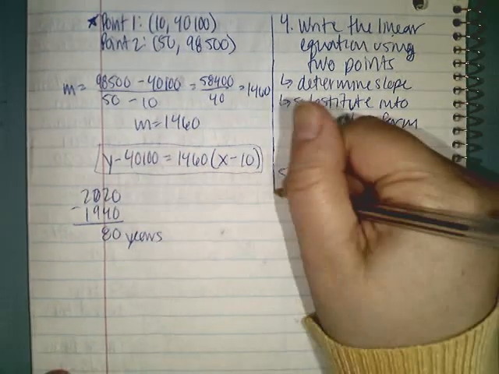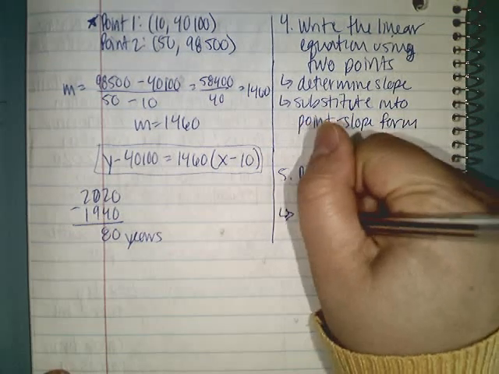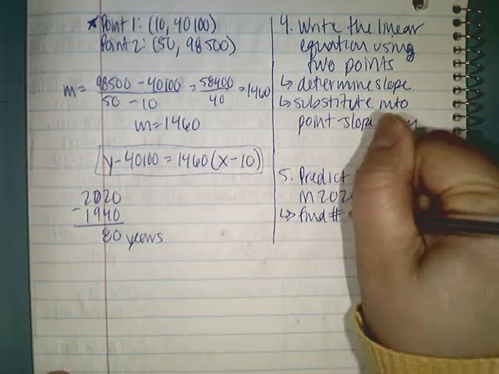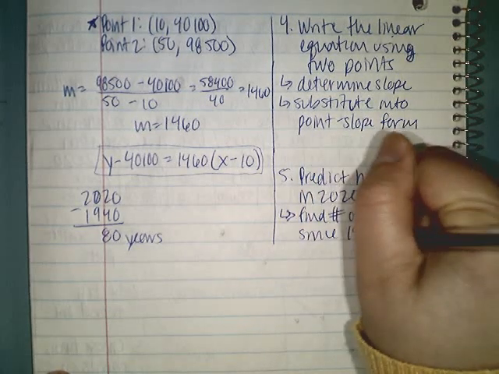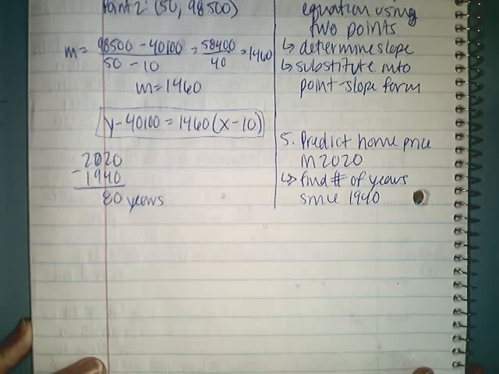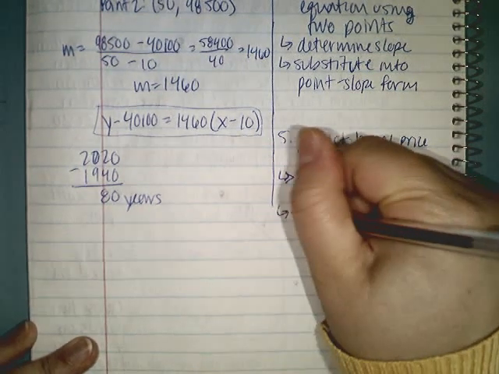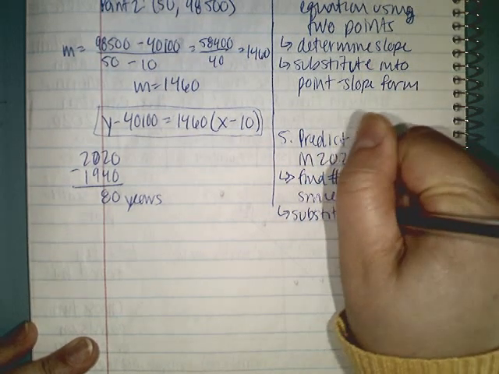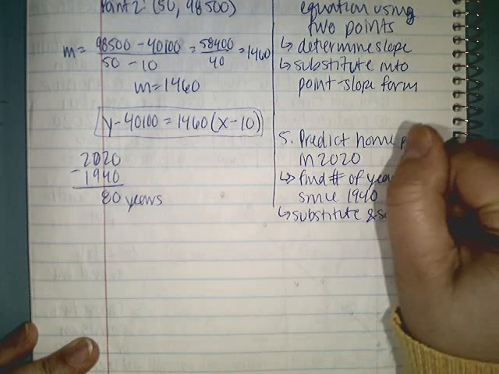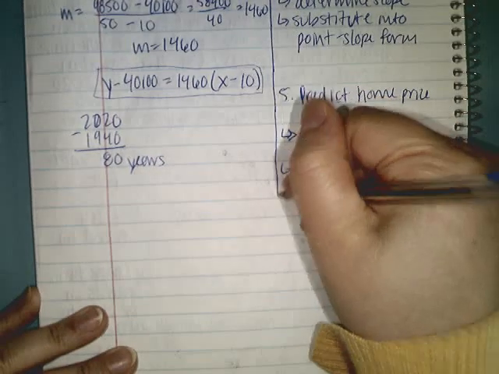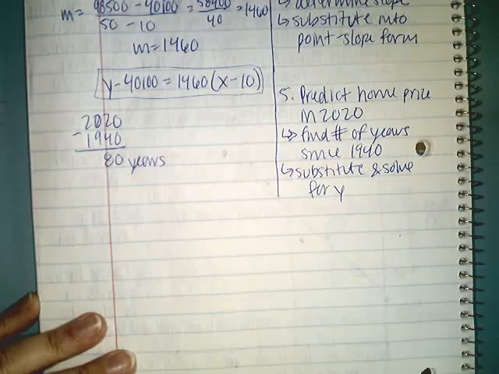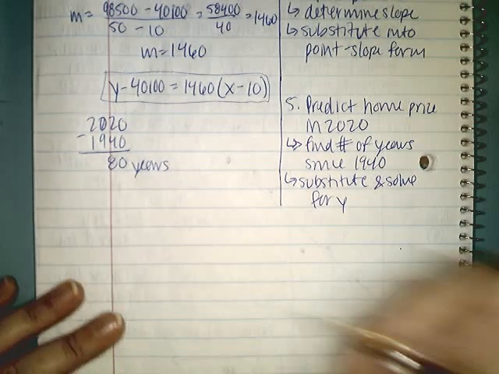So we figured out the number of years since 1940, and we're going to substitute and solve for y. I know x represents years, so I'm going to plug in 80 years and solve for y.